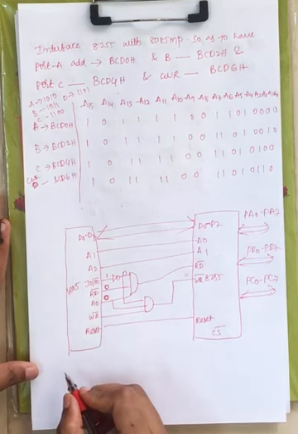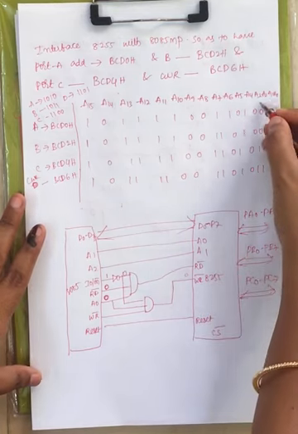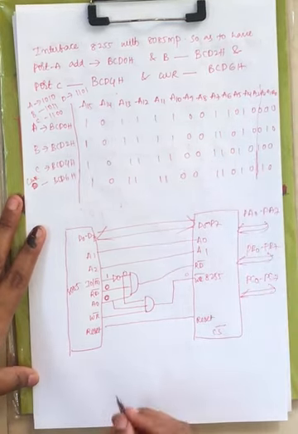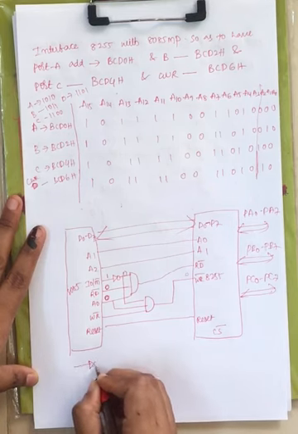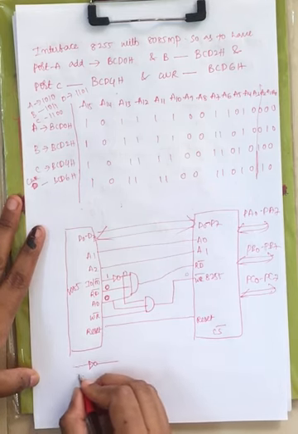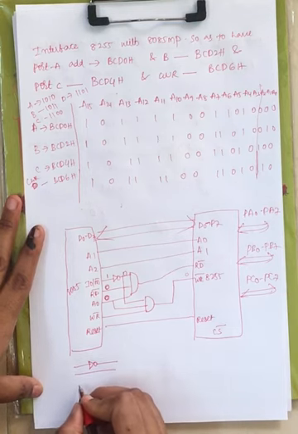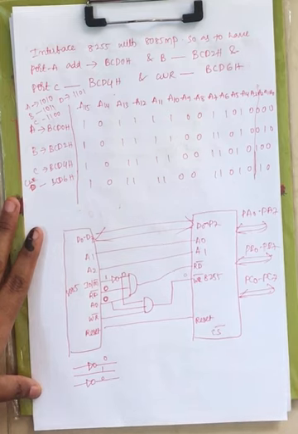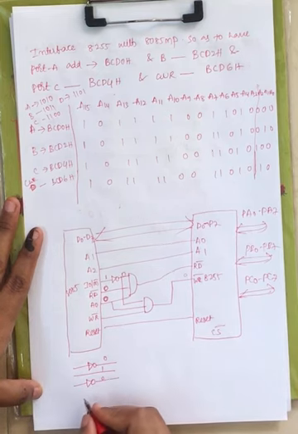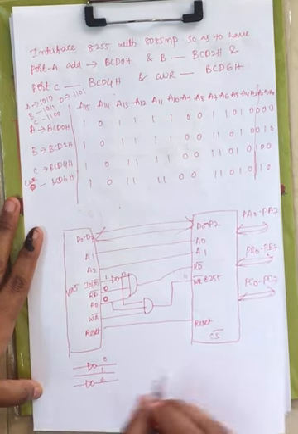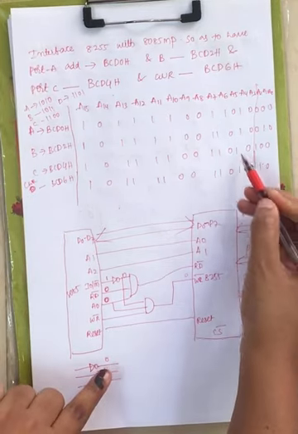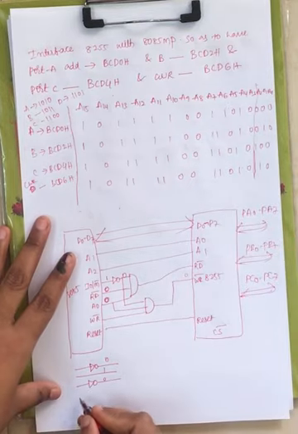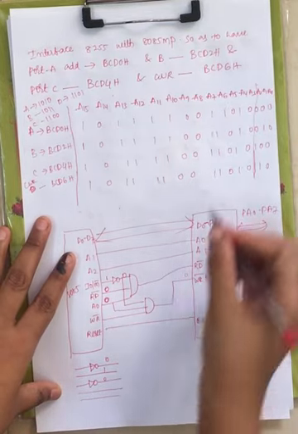Now A3 to A15. What is the value of A3? It is 0, inverted. A4 is logic 1, A5 is inverted, 0 1 0. A3 is logic 0, A4 is logic 1, A5 is logic 0, A6 is logic 1, A7 is also logic 1.